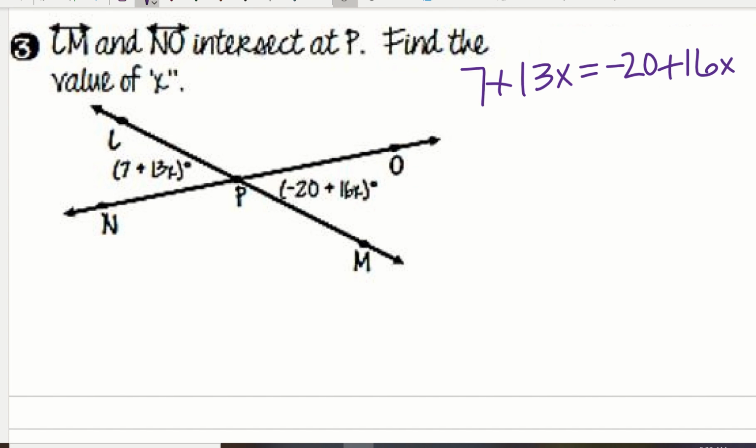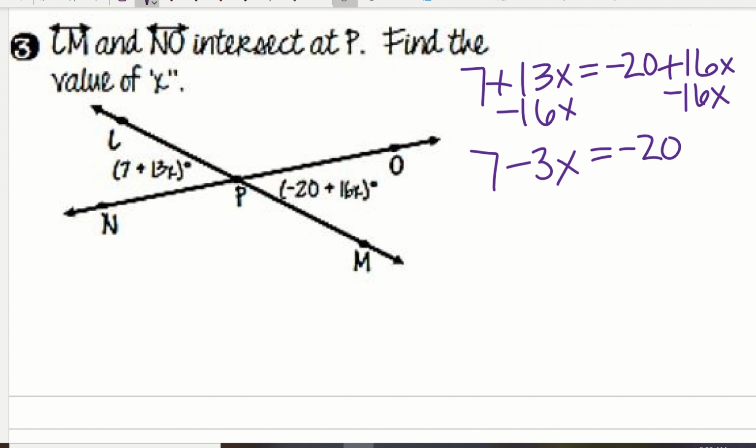Okay, so what's my first step? Minus 16x, so I can move all of my x's to the left because I'm OCD with my equations. So what's 13 minus 16? Negative 3. That was right. So 7 minus 3x equals negative 20.